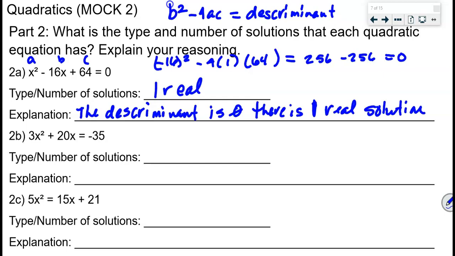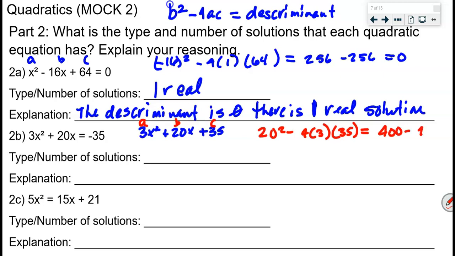Okay, so the next one, I'm going to actually move that 35 first. So I got a 3x squared plus 20x plus 35. So now we have our A, our B, and our C. Okay. So we're going to do 20 squared minus 4 times 3 times 35. That's going to equal 400 minus 420. So that gives us a negative 20, right? So this time it's going to have two imaginary solutions, right?